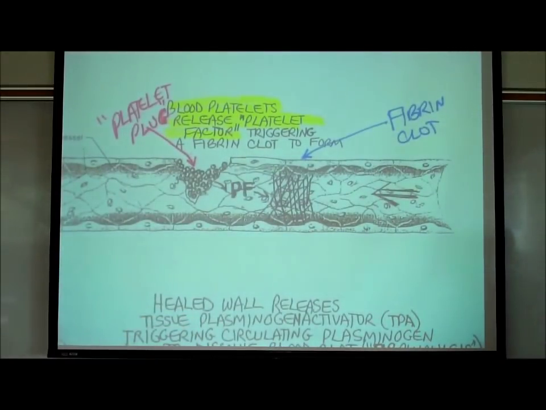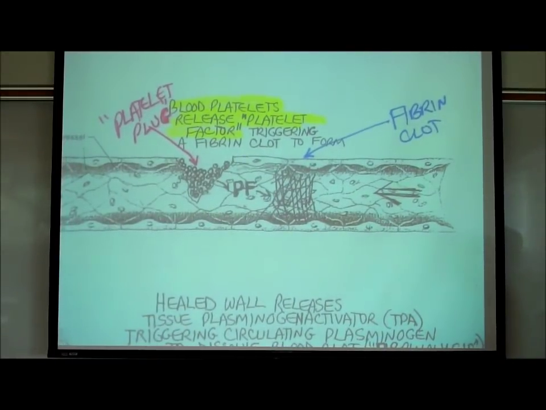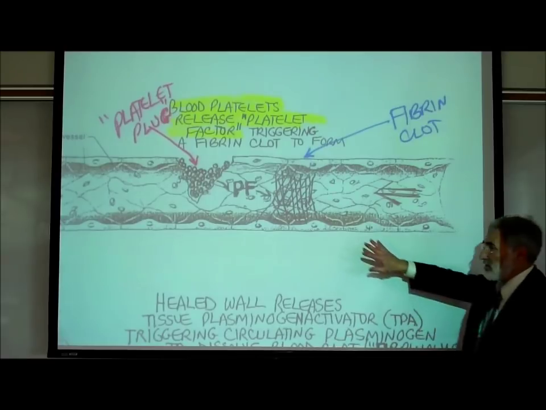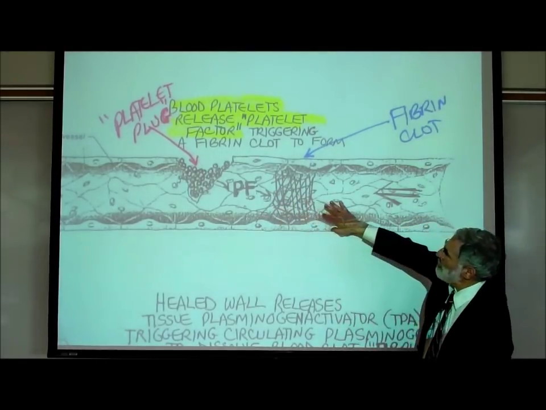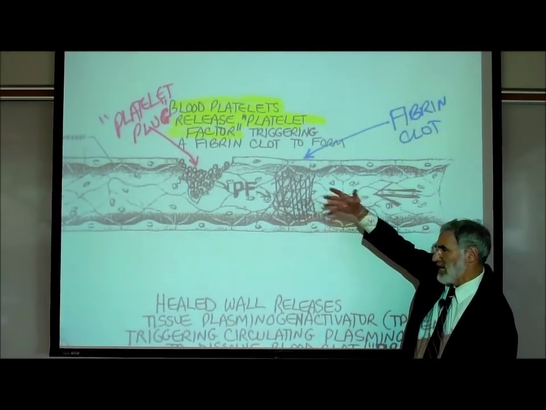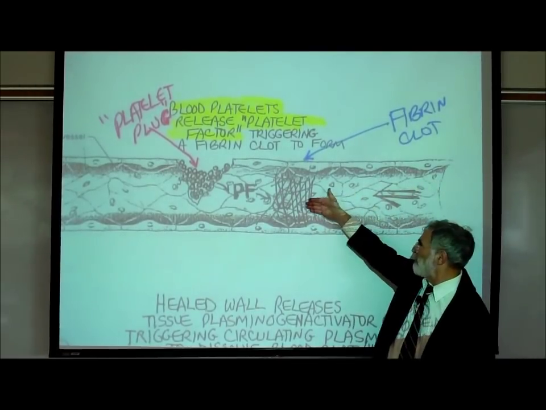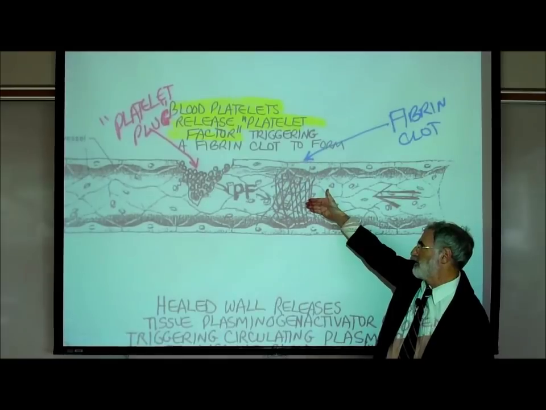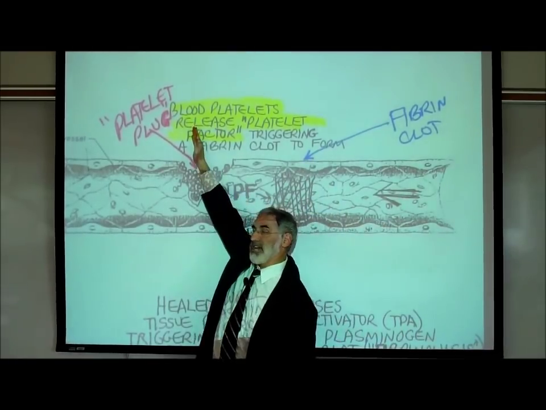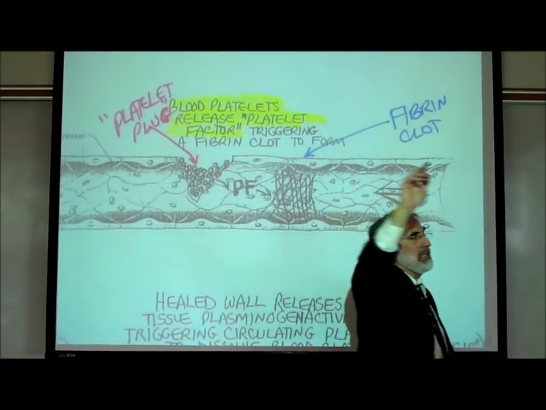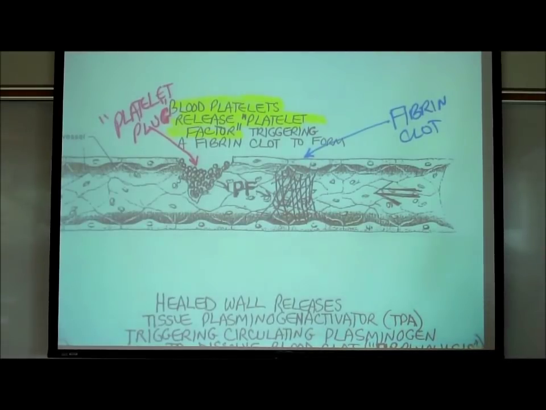Now the fibrin clot looks a lot like a spider web. And the whole purpose of this fibrin clot, made up of a protein called fibrin, is to stop the blood from flowing through this vessel so that it doesn't go out through the cut in the wall of the vessel so you don't bleed to death. So that's the purpose of a fibrin clot, to stop yourself from bleeding to death, which is a nice thing to do.